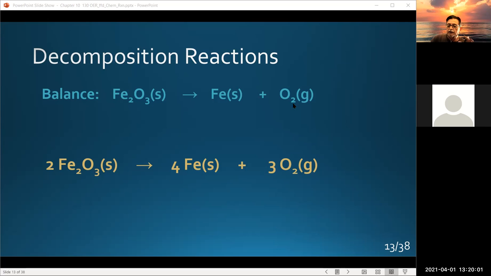If we find a common number, we can put a 2 in front of the iron oxide and a 3 in front of the oxygen. That gives us 6 oxygens on the left side, 6 on the right side. That kicks up our iron to 4, so we simply put a 4 right there, and we're balanced.